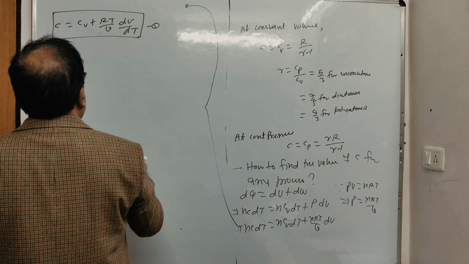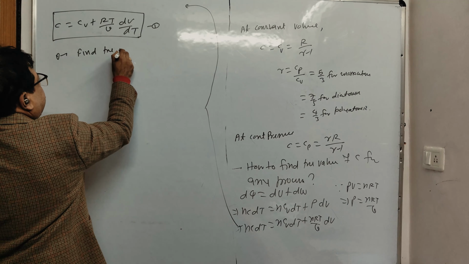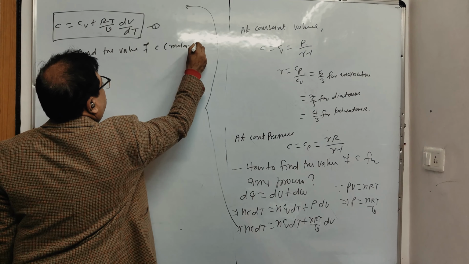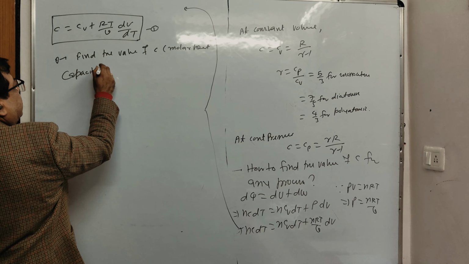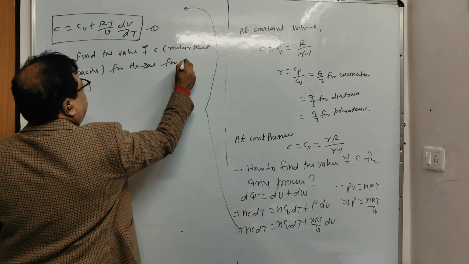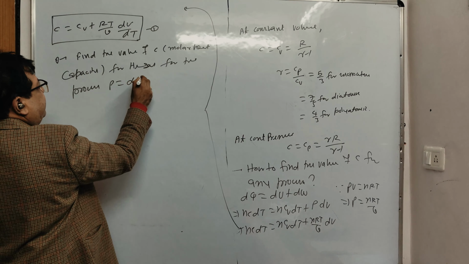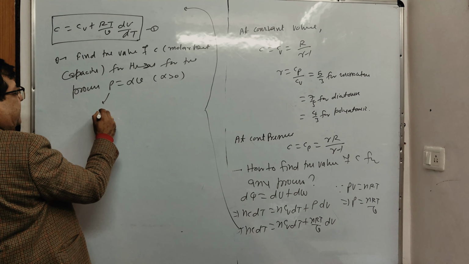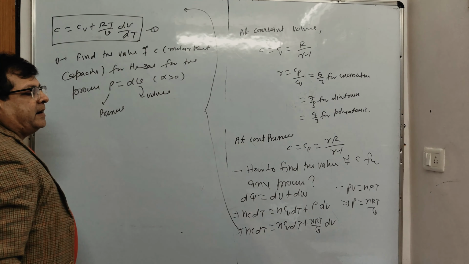So let us take one example. Question: find the value of C, that is molar heat capacity, for helium gas for the process P is equal to alpha V. Alpha is any positive constant, P is the pressure, and V is the volume, right?